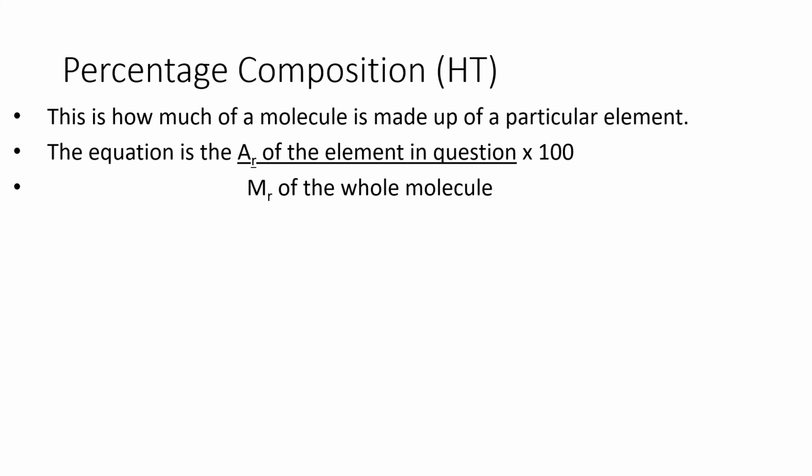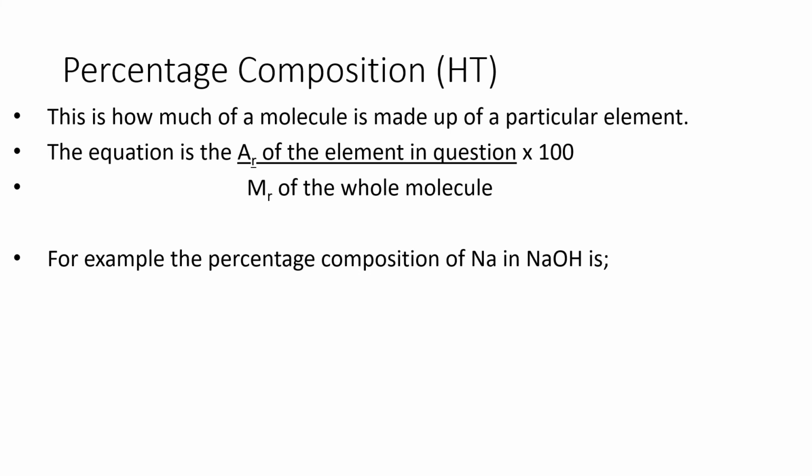Right, percentage composition. This is how much of a molecule is made up of a particular element. The equation is the relative atomic mass of the element in question divided by the molar mass or the relative formula mass of the whole molecule, and then you multiply that by 100.